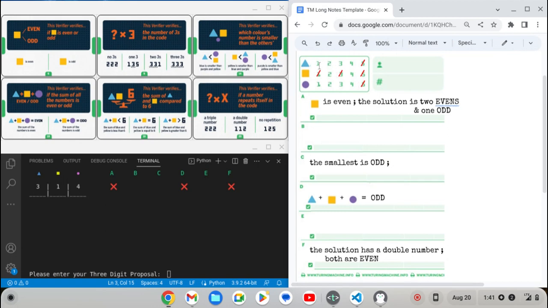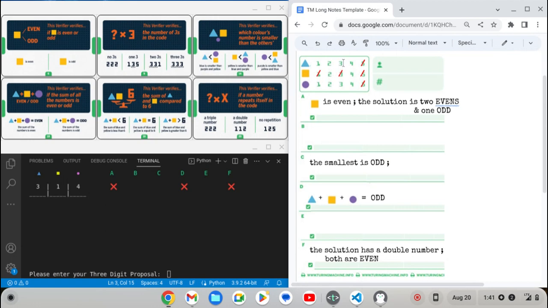The sum is less than 6: 1, 2, 3, 1. So triangle would have to be 1 or 3, and those are less than 6. Greater than 6 would be, actually, 1, 2, 1, 4, 3, 2 would be less.